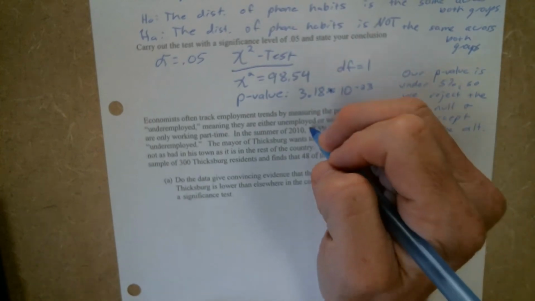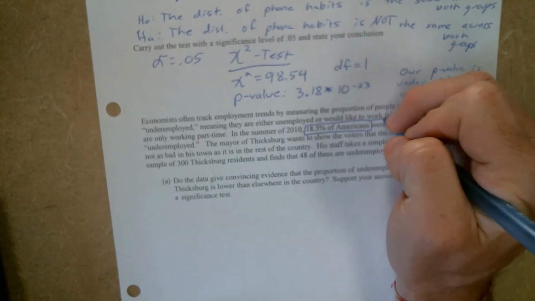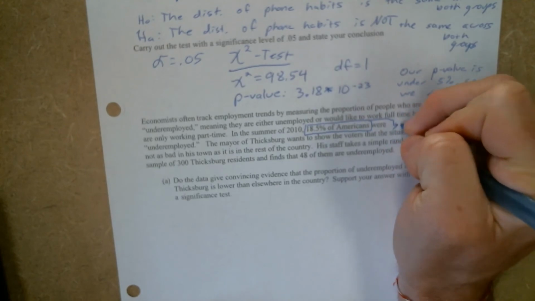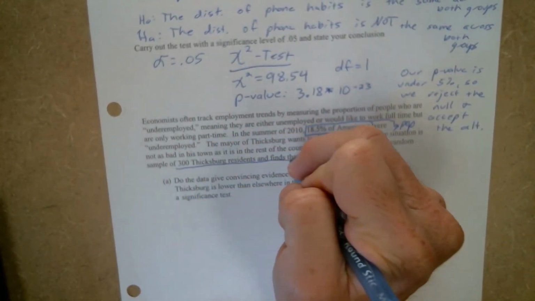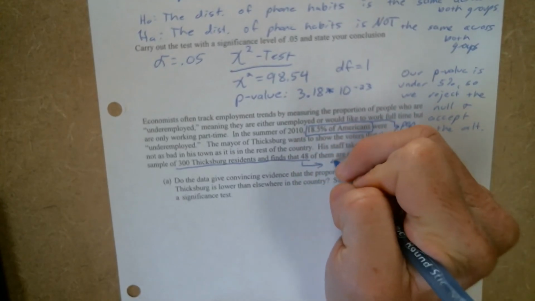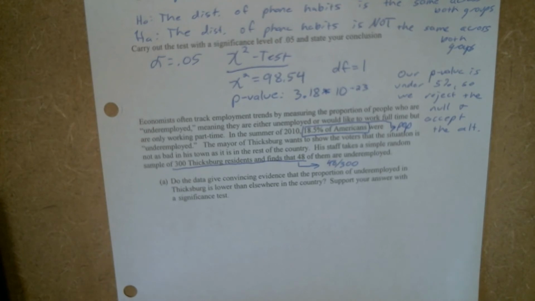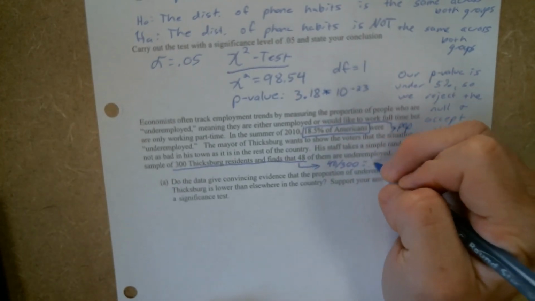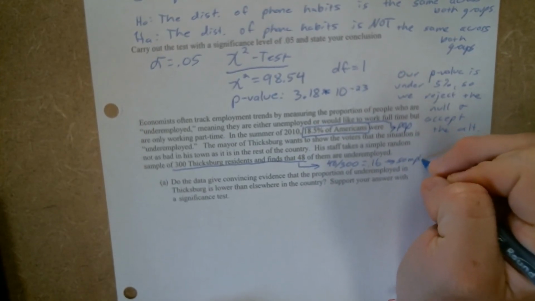All right, so this is sort of the population. And then this right here, 48 out of 300, which happens to be 16%, is the sample result.